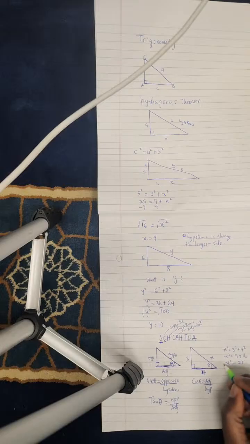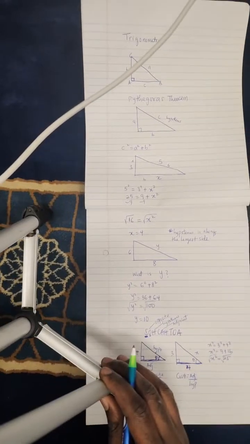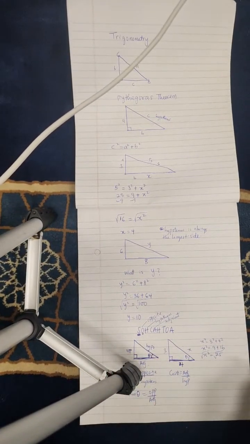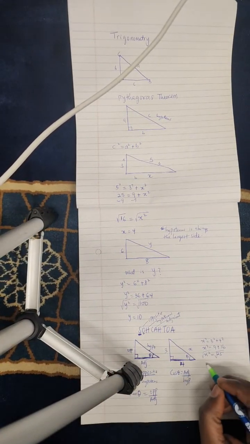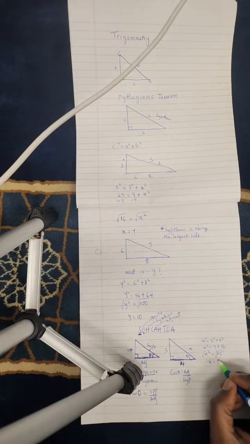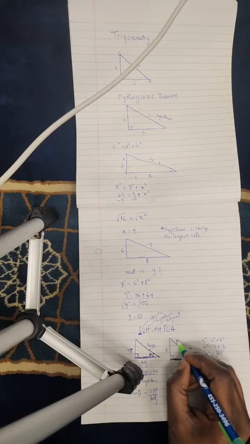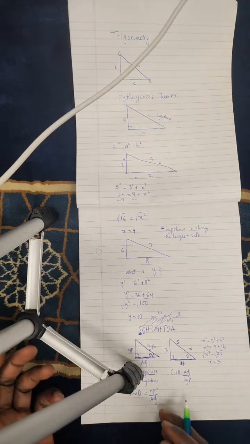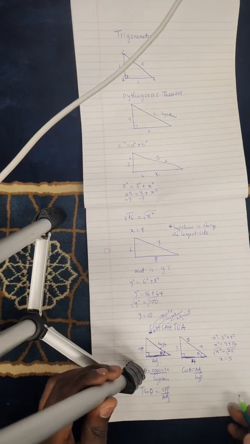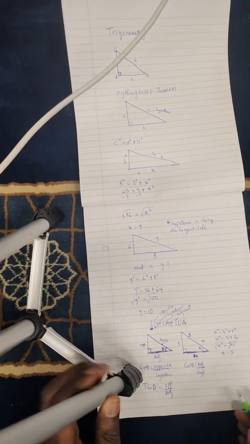If you square root both sides, x is going to be 5. So this is 5. And the question is, how can you get these trigonometric ratios?